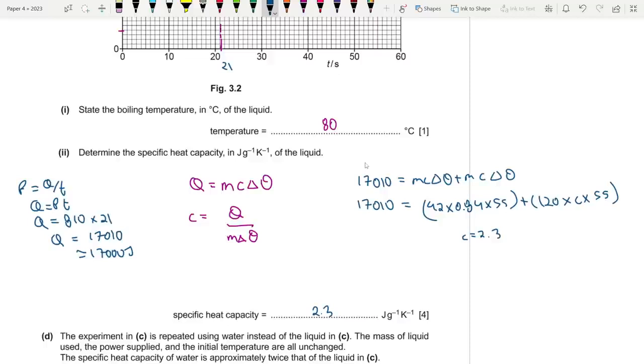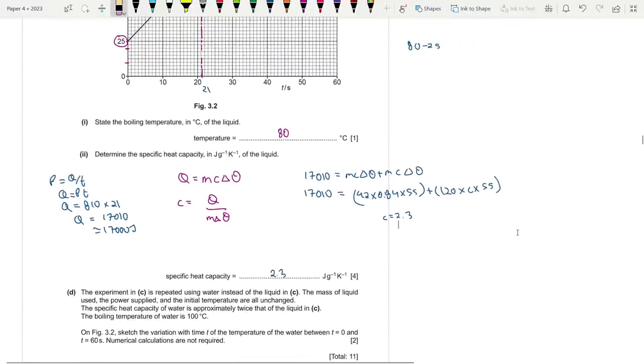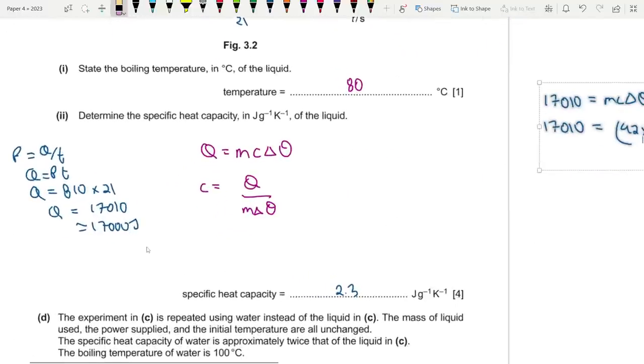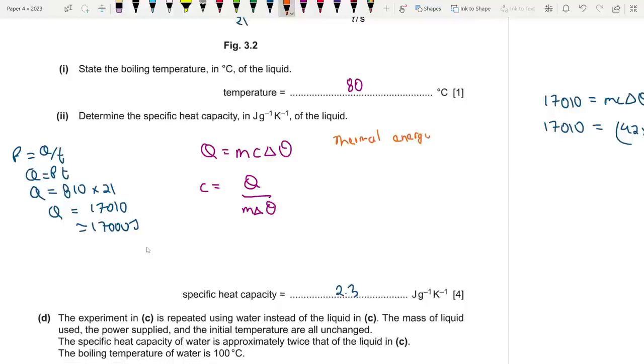But this is how they solved it. They wrote this equation over here, and then they found out the thermal energy absorbed by the beaker separately. Okay, I'll show you what they mean. So they found out the thermal energy absorbed by the beaker.